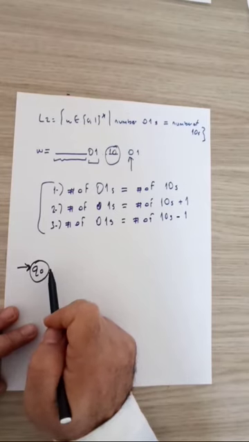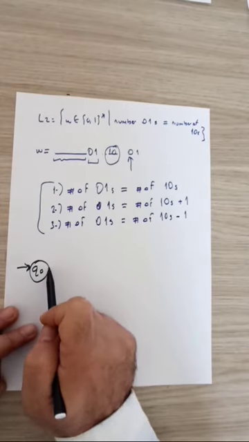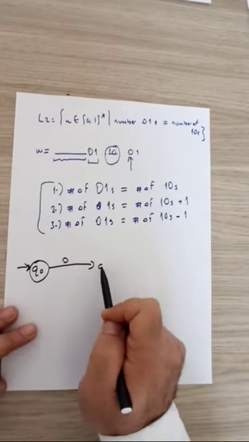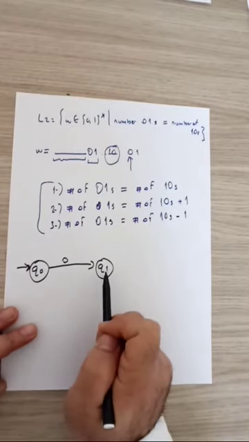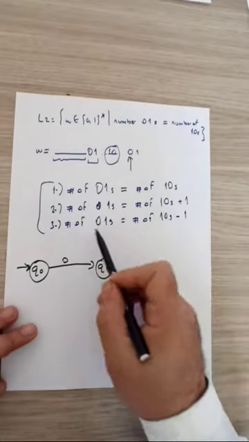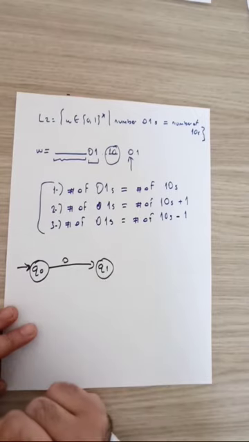We need to record that information because we now have new information stating that the part of the string we have seen so far ends with a 0. This will be recorded at Q1. What is the situation at Q1? In terms of these counts, the number of 0 1s and the number of 1 0s we have seen so far are equal, and the string ends with a 0.